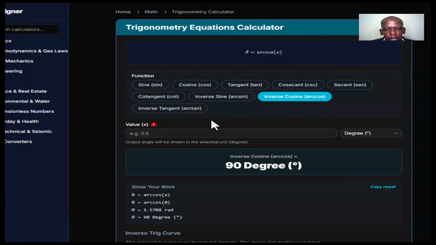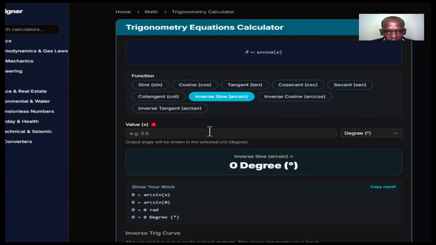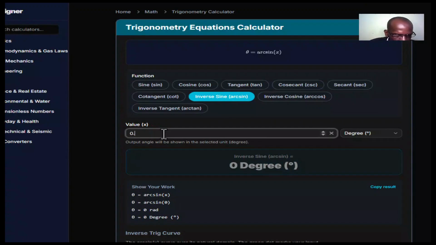So, if we go to a trigonometry calculator, we can just select that we want to find the inverse of sine, and our sine itself was 0.5. So what is its inverse?